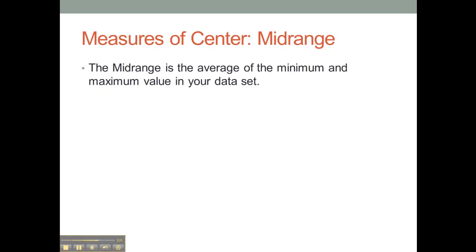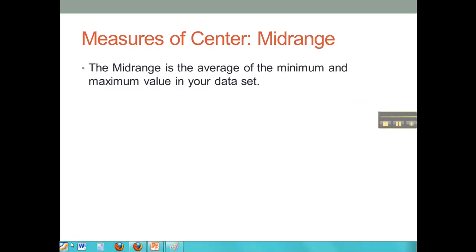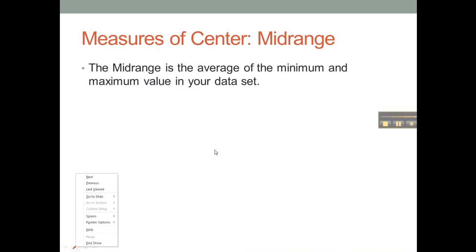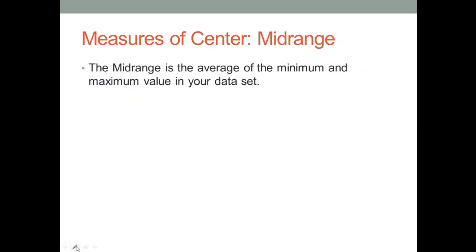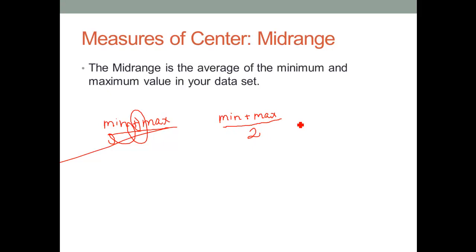Mid-range. Mid-range is the average of the minimum and maximum value. So we have the minimum plus the maximum divided by 2, and that is your mid-range.